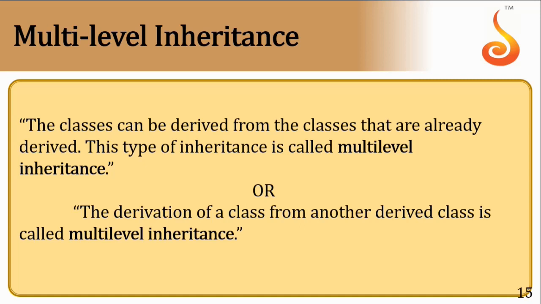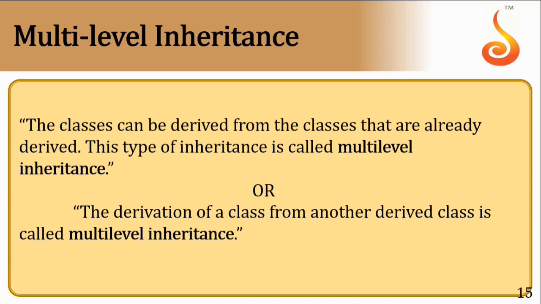That is, a class can be derived from a class that is already derived. Like you have different levels. You have base class A, from that I am deriving B. So B has the base class A, and from B I am deriving C. So C's base class is B, which is a derived class of A. So a derived class can also be a base class. That is, derivation of a class from another derived class is called multi-level inheritance.